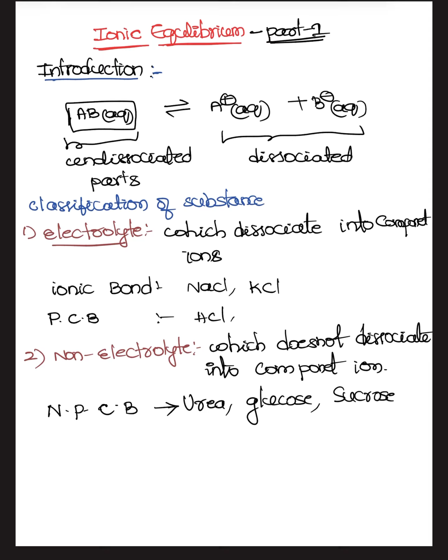Next, electrolytes are classified into two types. One is called a weak electrolyte, and the second is called a strong electrolyte. A strong electrolyte, when dissolved in water, is completely dissociated.